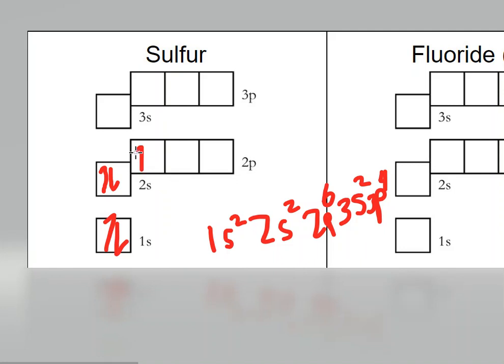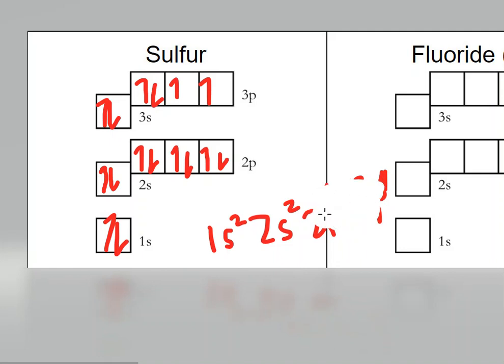So Hund's rule says that everybody gets one of the same spin before anybody gets a second one. And then now we have our 3s2 electrons. And then I've got 3p4. So I'm going to do 1, 2, 3, and 4. So there's my electron configuration written into my orbital fill diagram.